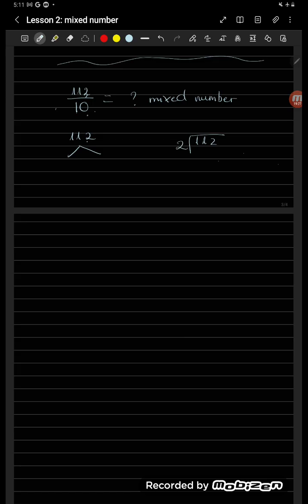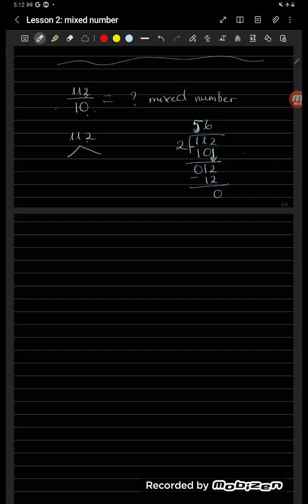1 cannot divide by 2, so we must take 11. 11 divided by 2 is 5, the largest number we can take, such that 5 times 2 equals 10, the closest to 11. 11 subtract 10 is 1, and now we bring down 2 here. 12 divided by 2 is 6, and 6 times 2 is 12. 12 subtract 12 is 0, so the remainder is 0.